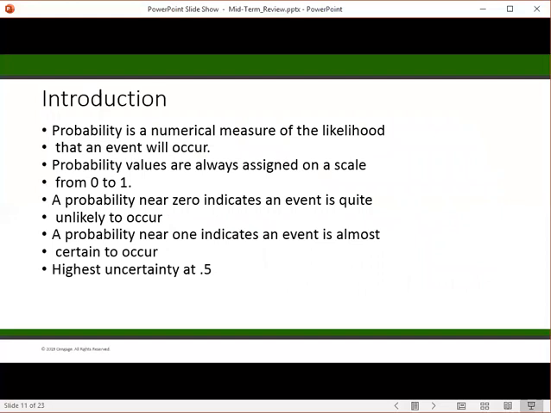Probabilities are assigned on a scale from 0 to 1. A probability near 0 indicates that an event is quite unlikely to occur. A probability near 1 indicates an event is almost certain to occur. The highest uncertainty is at 0.5 or 50%.